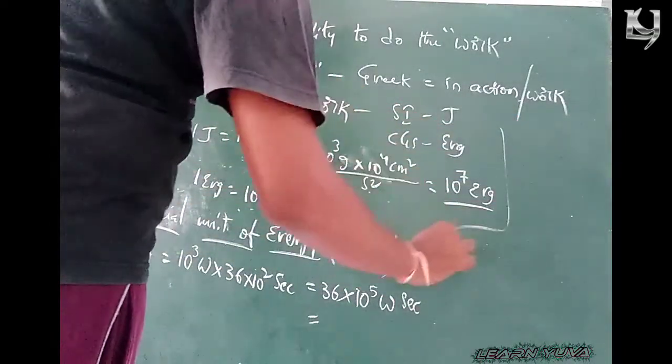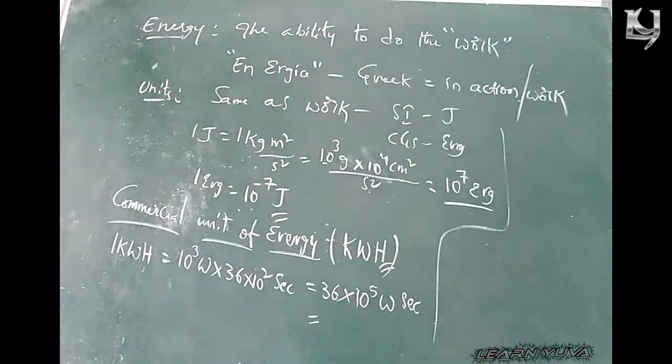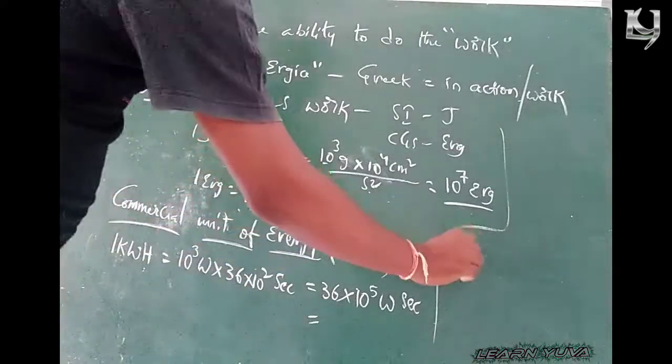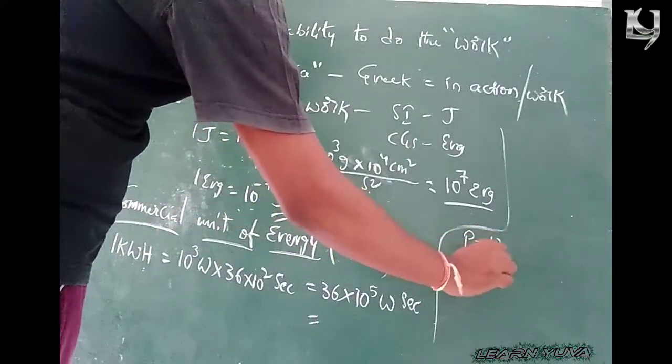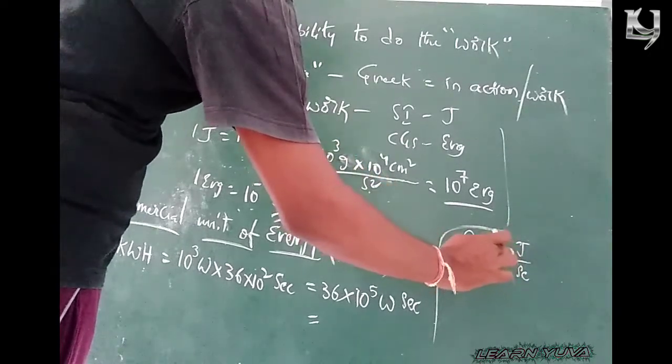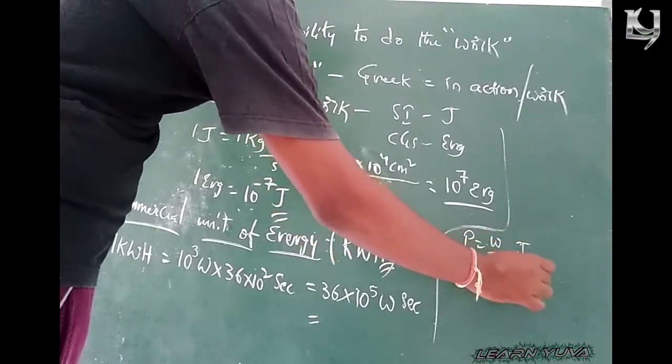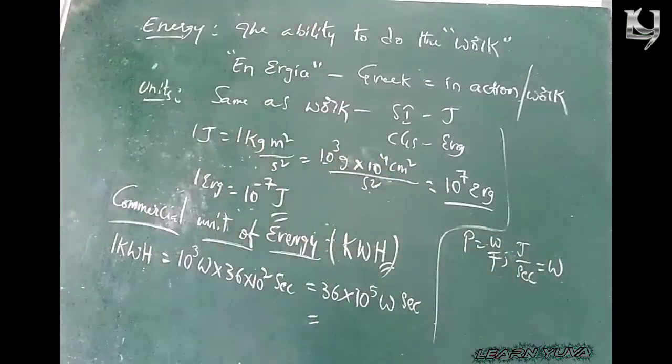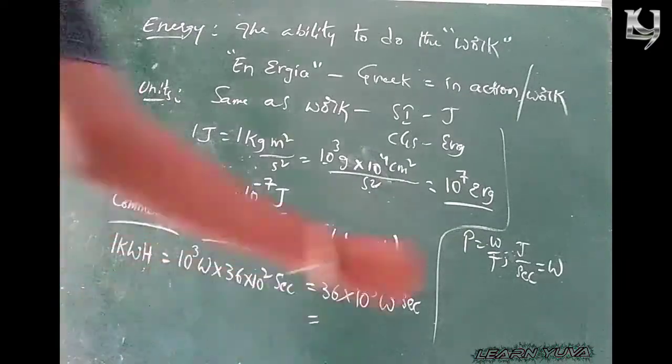you must know the relation from power. What is the unit of power? Power formula is work done by time, so the unit is joule by second. This joule by second is also called watt. So we need joule.